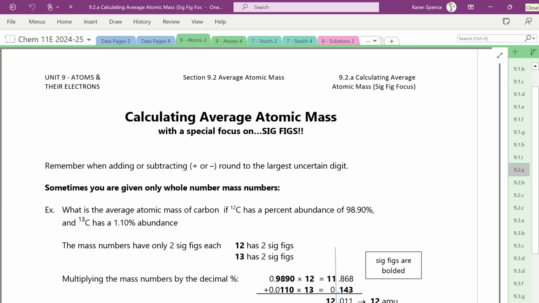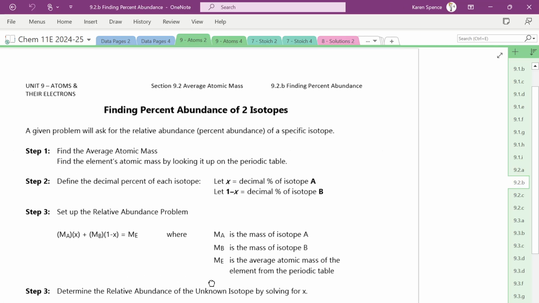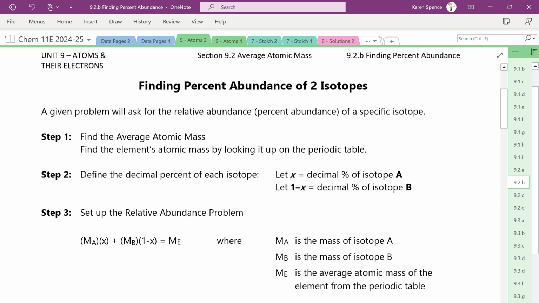We're now going to look at finding the percent abundance of 2 different isotopes. You can do it for 3 isotopes, but then you have to be given one of the percentages, okay?